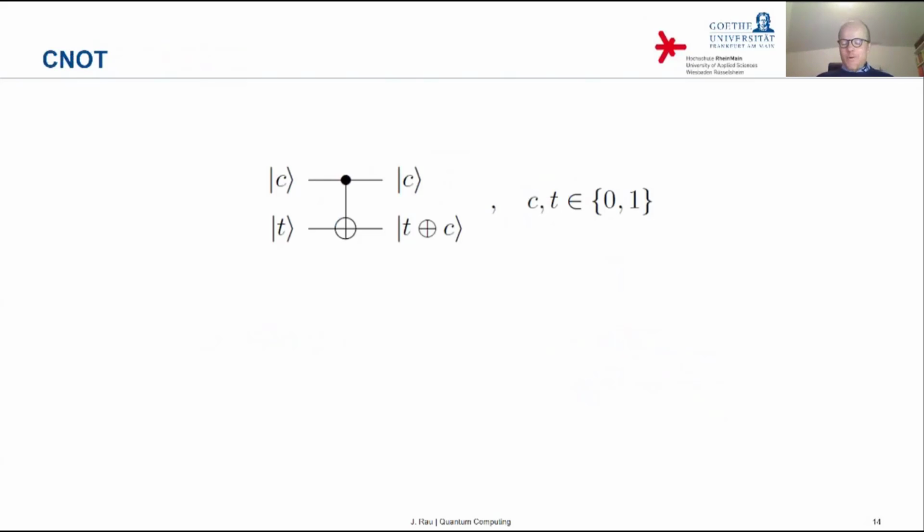The most important 2-qubit gate that you will find in a quantum computer is the so-called C-NOT gate. It stands for controlled NOT. And this graphic is denoted by this symbol. So you have 2 qubits coming in and 2 qubits going out.